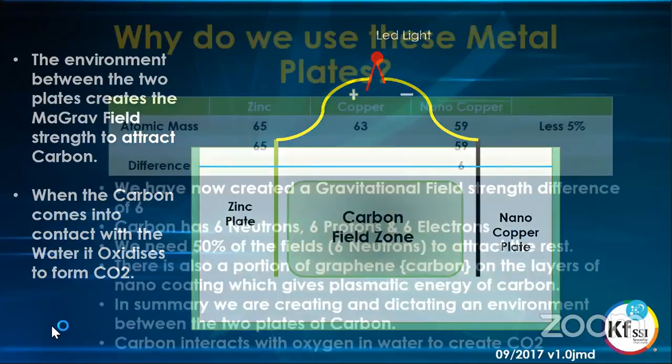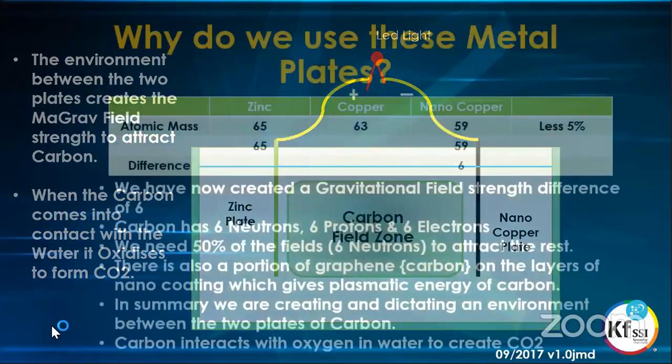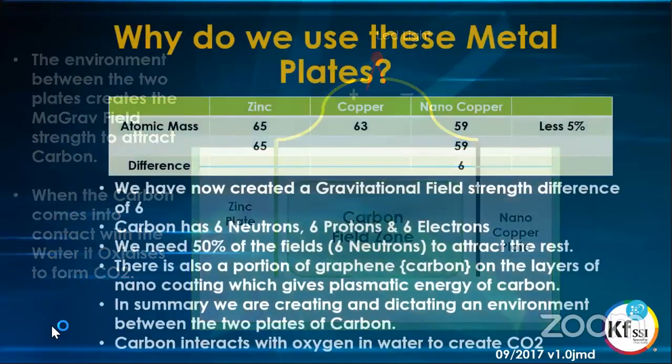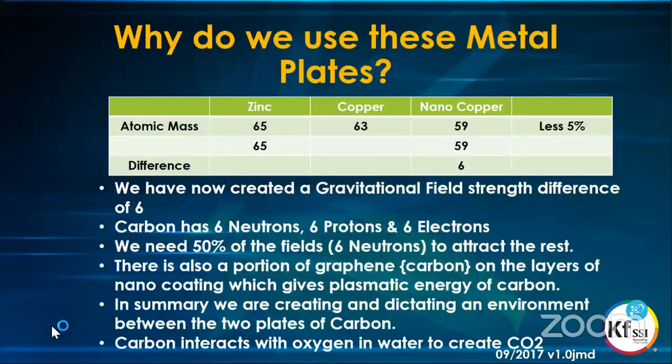We explained last time how the atomic mass of the zinc is 65 and of the nano copper plate 59, and the difference was 6. That was enough to create a field strength to pull in your carbon, because carbon has 6 neutrons, protons, and electrons, and we just need 50% of the fields, which is 6 neutrons, to attract the rest.